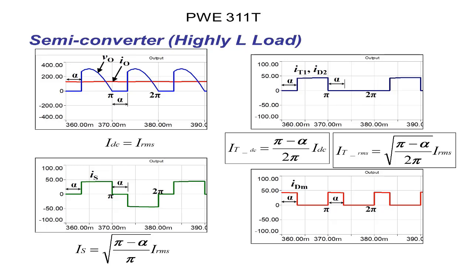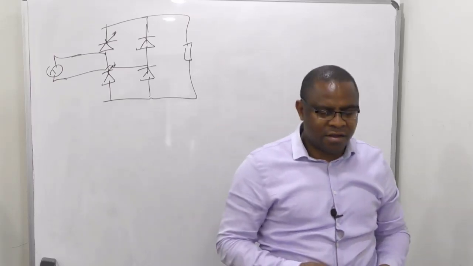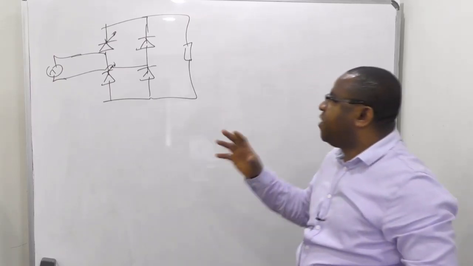The current through the transistor will be alpha minus pi over 2 pi multiplied by IDC. And the IT RMS will be the square root of pi minus alpha over 2 pi multiplied by IRMS. So you should know the difference between the semi-converter and the normal converter.